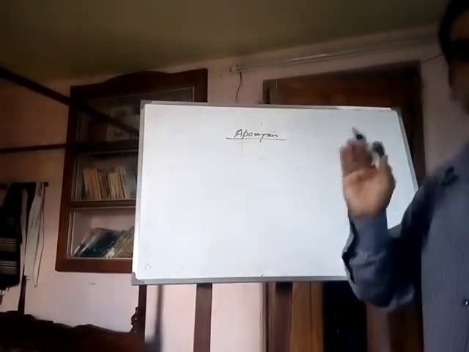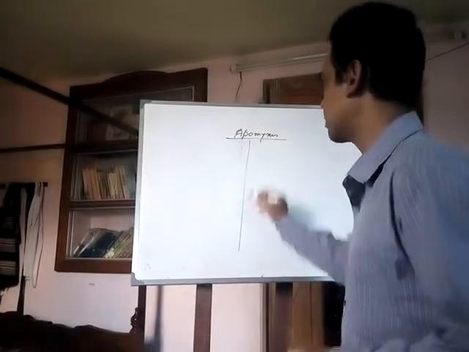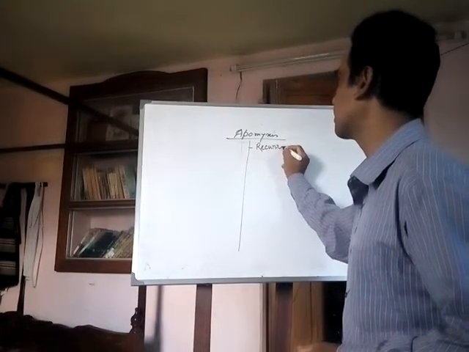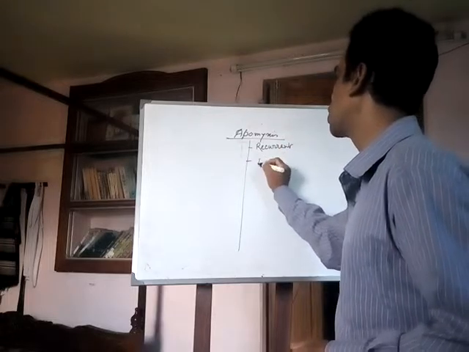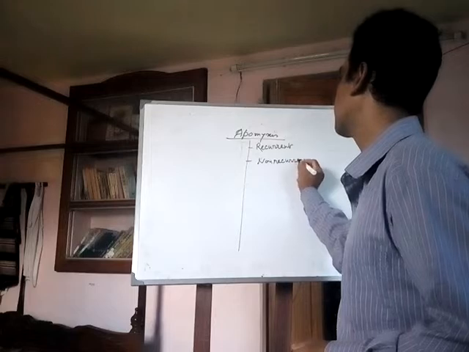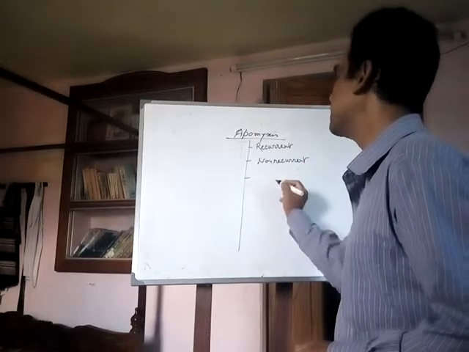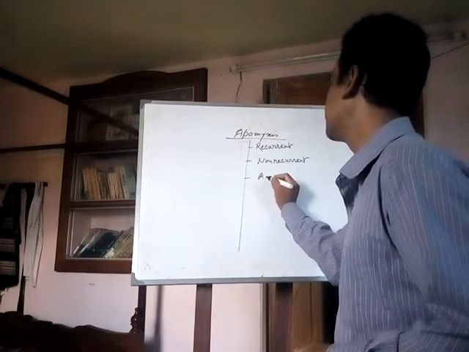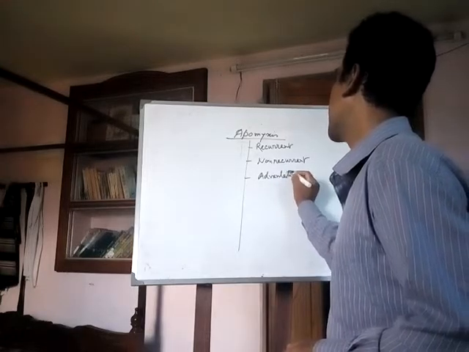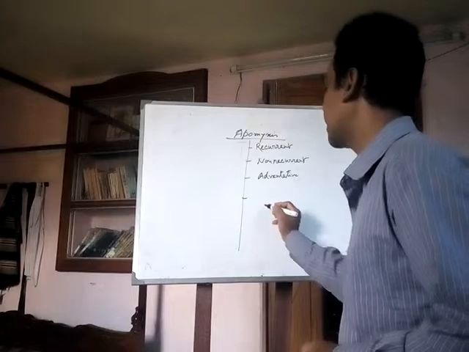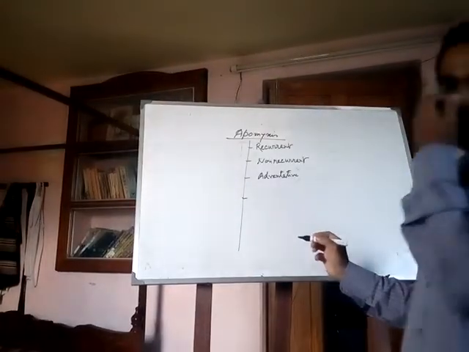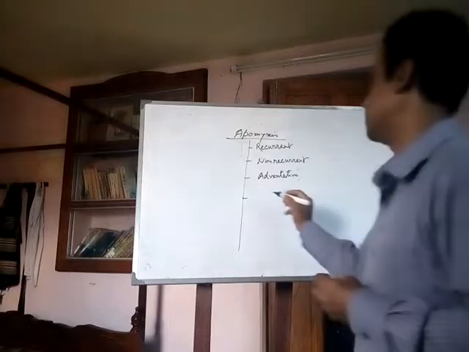There are four types of apomixis: one, recurrent; two, non-recurrent; three, adventitive; and vegetative.